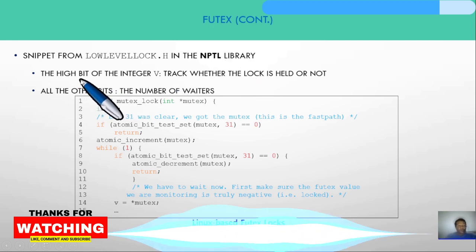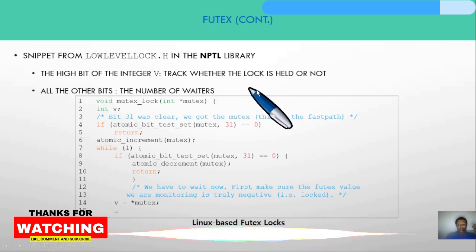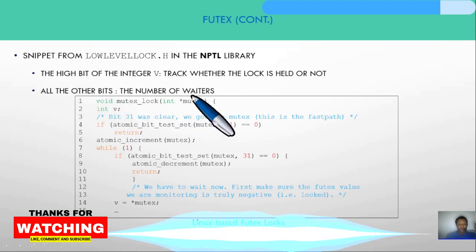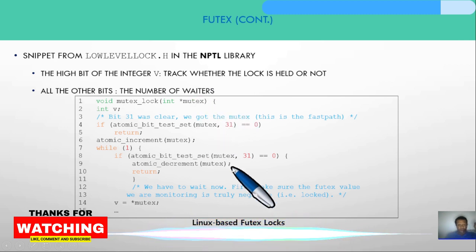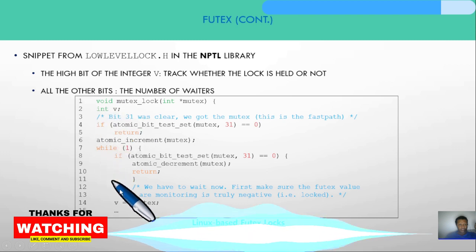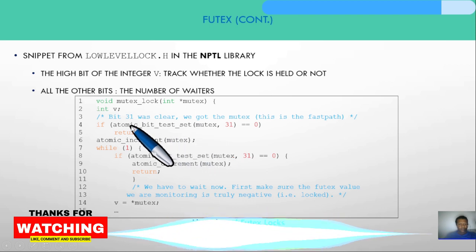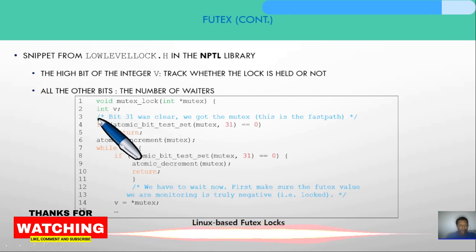The high bit of the integer v tracks whether the lock is held or not, and all the other bits track the number of waiters. So we can see here the syntax. You can download it. It's free as usual, so you can play around.